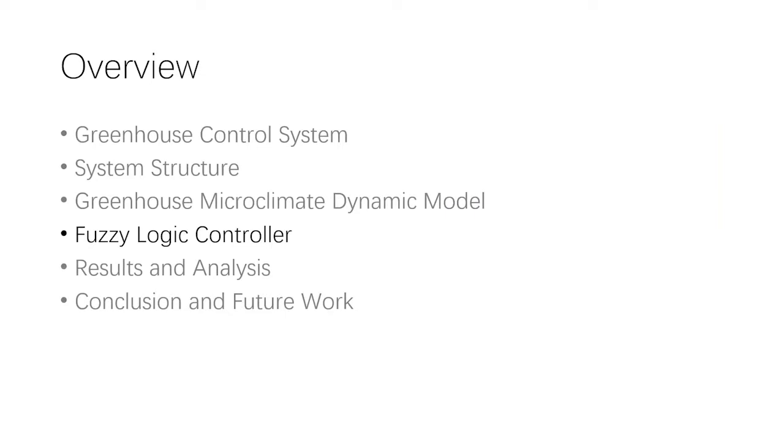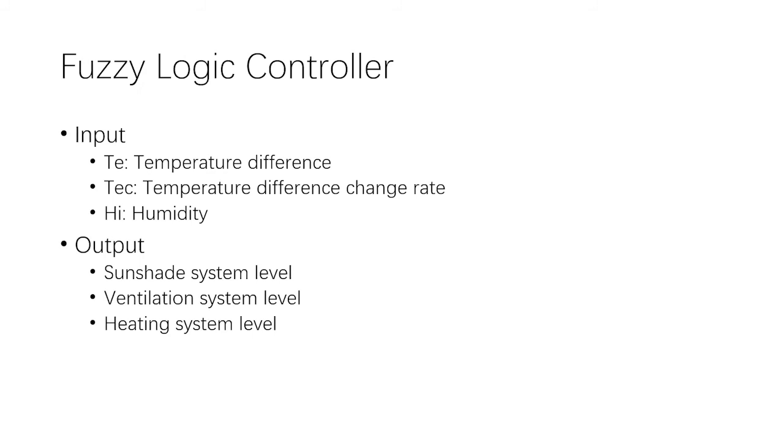And next, I want to talk about some information about the fuzzy logic controller. In our system, we build a fuzzy logic controller. It has 3 inputs and 3 outputs. TE is temperature difference, TEC is temperature difference change rate, and HI is indoor humidity.